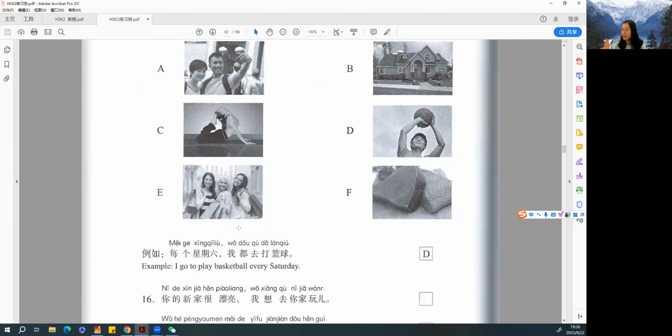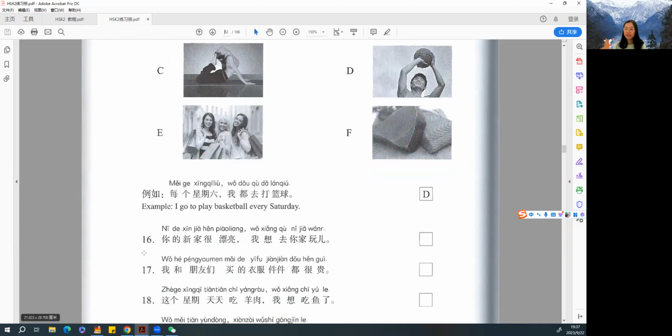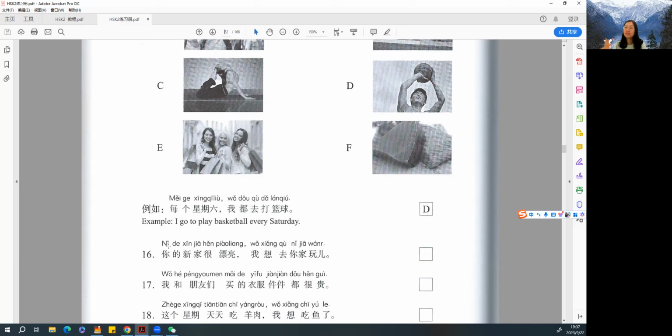The reading part. So, for example, here, option D is already taken. Question number 16. 你的新家很漂亮。我想去你家玩。What's the meaning of this sentence? What's the meaning of 新? 新 is new. 家 is home.